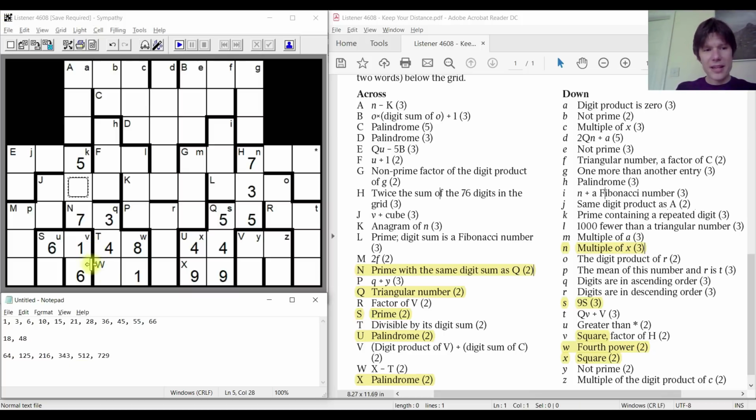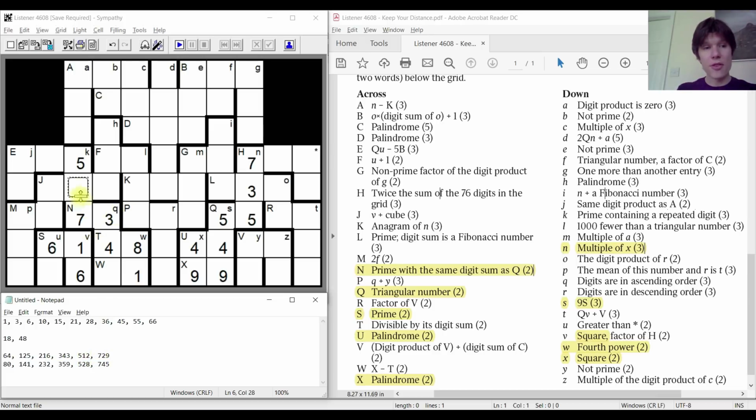But we know that little v is 16. So if big J is little v plus a cube, we can add 16 onto these numbers and immediately see that that one is too small. Then we've got 141, 232, 359, 528, and 745. So those 5 solutions there are the only options for capital J across.